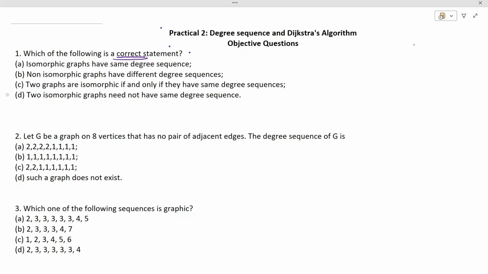Two graphs are isomorphic if and only if they have the same degree sequence, and two isomorphic graphs need not have the same degree sequence. Okay, so I am drawing two graphs here. This graph is G1 and this graph is G2.